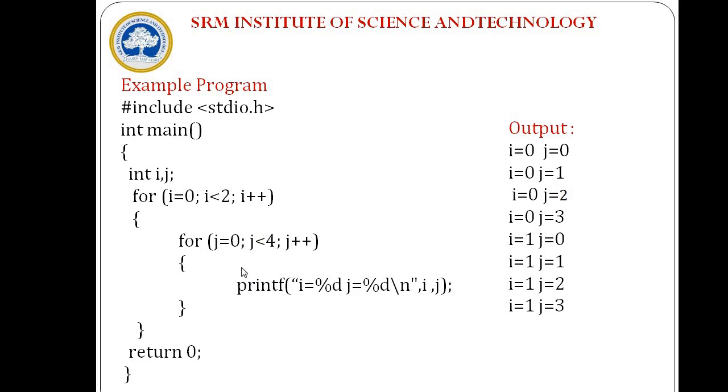Once the j value reaches 4, the condition fails. If the condition fails, the control is given to the outer for loop to update the loop control variable. Now the i value becomes 2, 2 less than 2, condition fails, so it terminates and exits from the for loop.